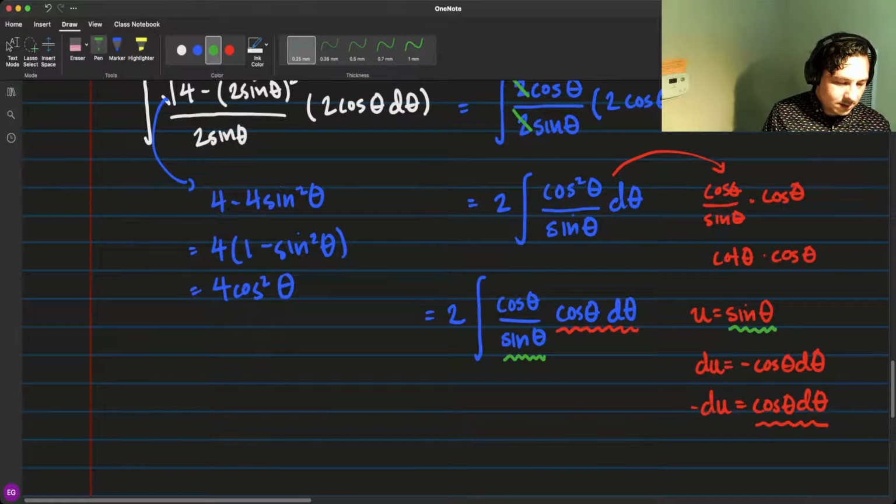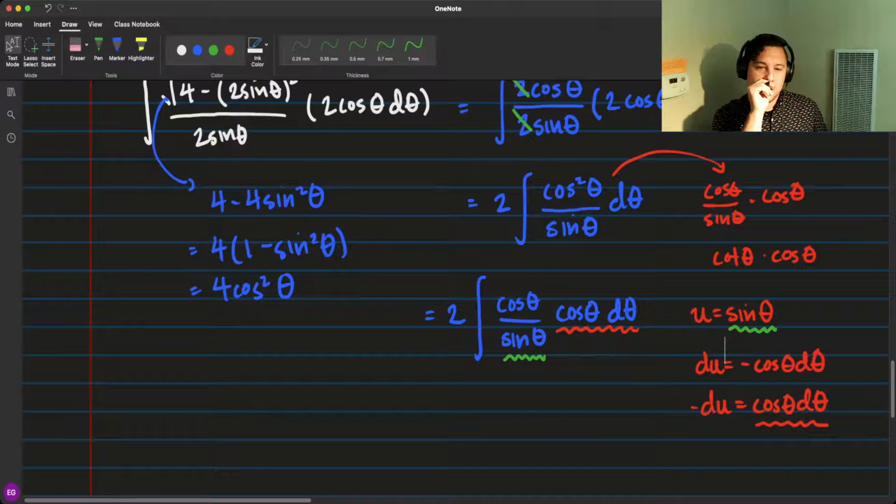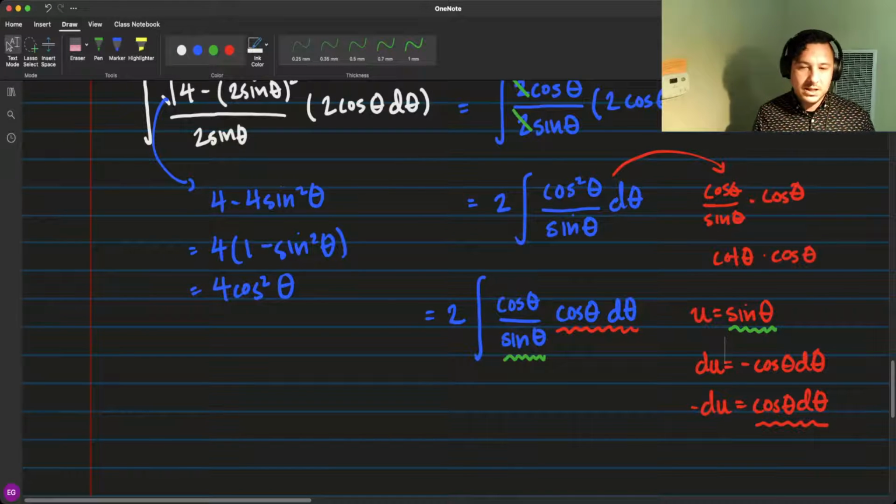Oh, damn. Okay, wait. So I've got u equals sine theta, yeah. Okay, then I've got my du is cosine theta d theta.